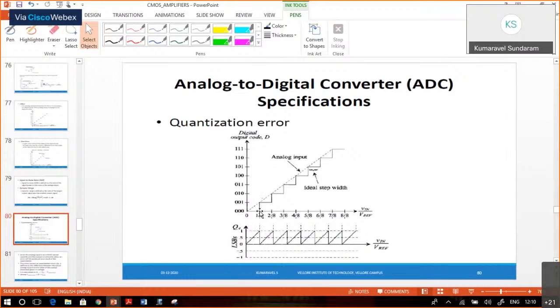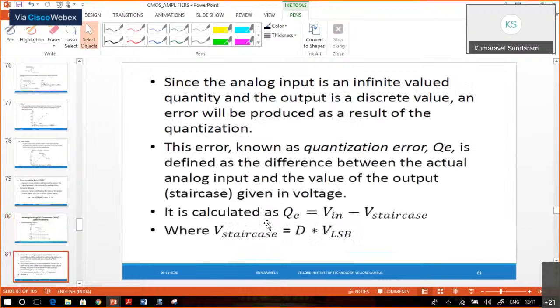If you extrapolate the points from 1 by 8, 2 by 8, 3 by 8, the quantization error is going to be 1 LSB. If the quantization error exceeds 1 LSB, there will be some missing codes. So we should consider that it has to lie within plus or minus 0.5 LSB.